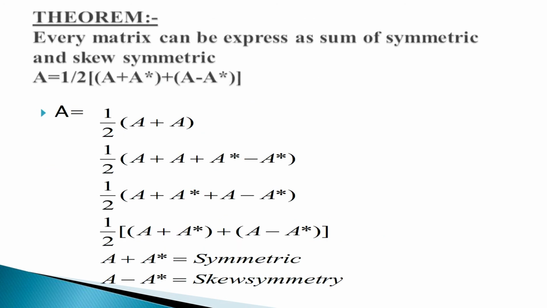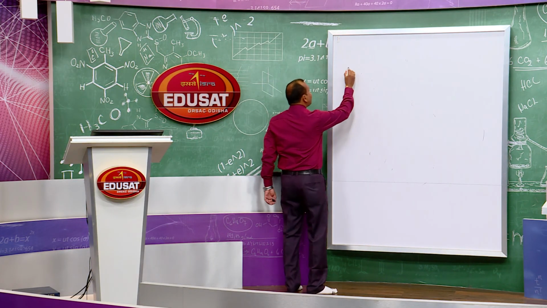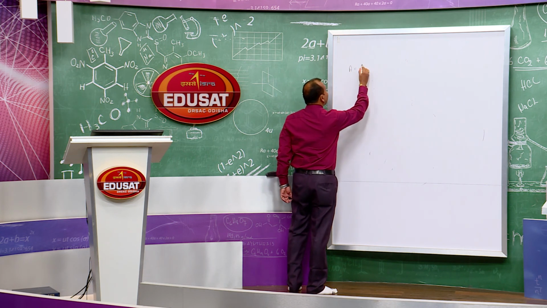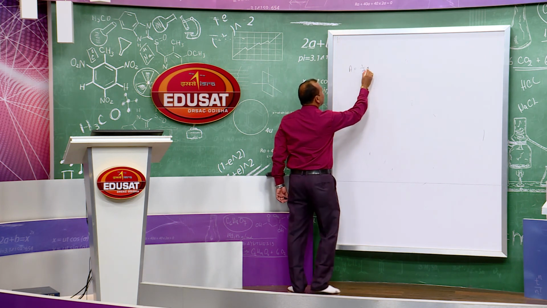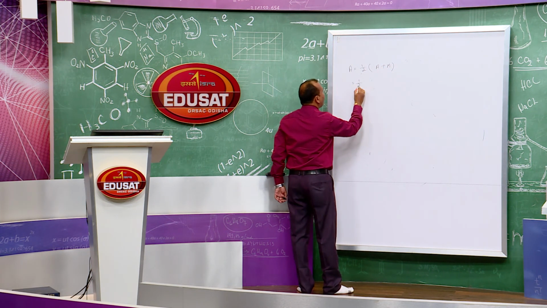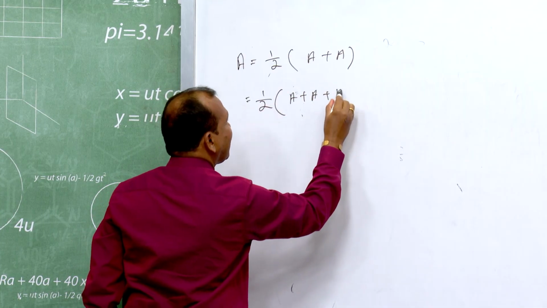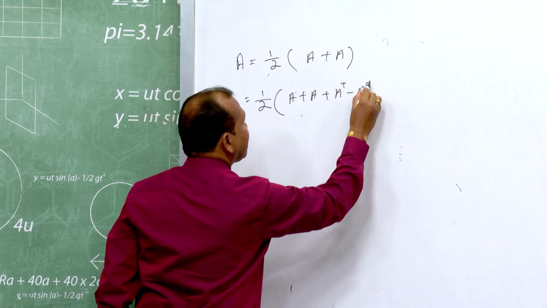Next we have one theorem. Every matrix can be expressed as a sum of symmetric and skew symmetric matrices. We prove this theorem. Suppose A is a matrix, then A can be written as half times A plus A, that is equal to half times A plus A plus A transpose minus A transpose.